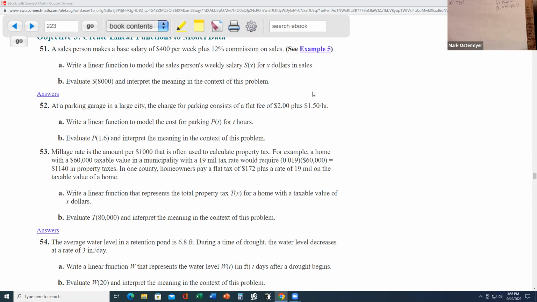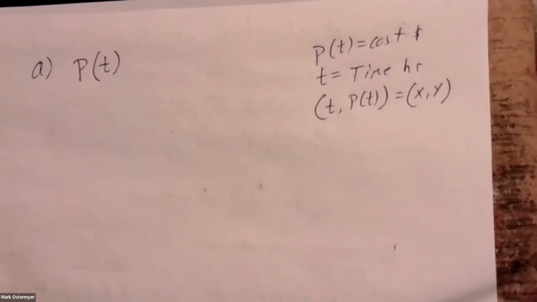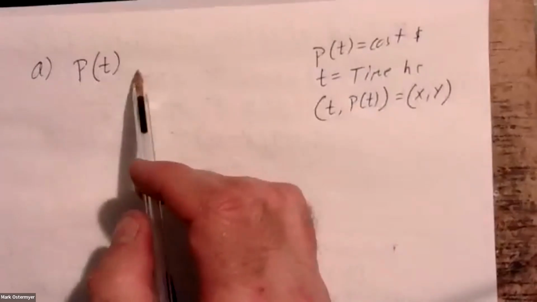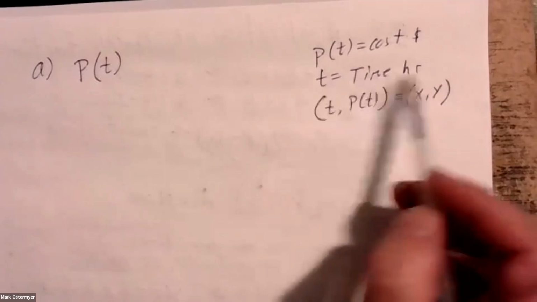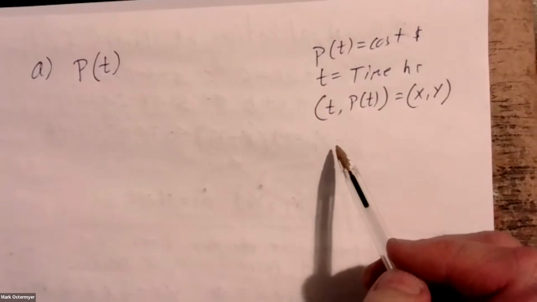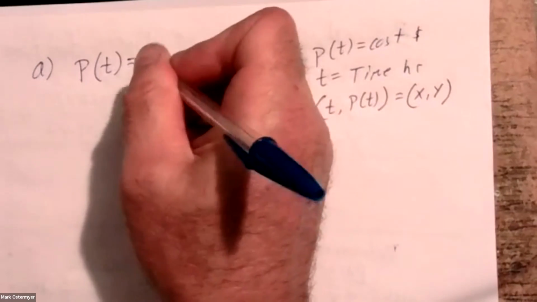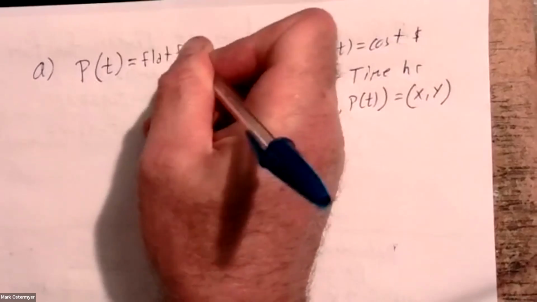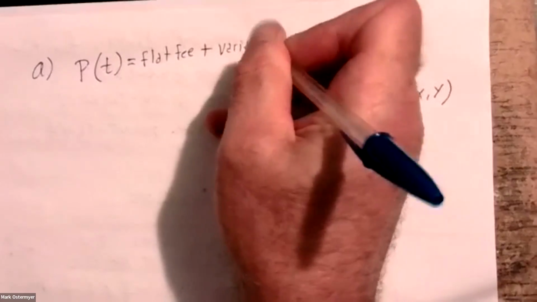All right, so it's $2 plus $1.50. So we're trying to write a cost function here. P of T is the cost in dollars for parking for T hours. And our total cost is going to be our flat fee, which is a one-time fixed fee, plus our variable cost.